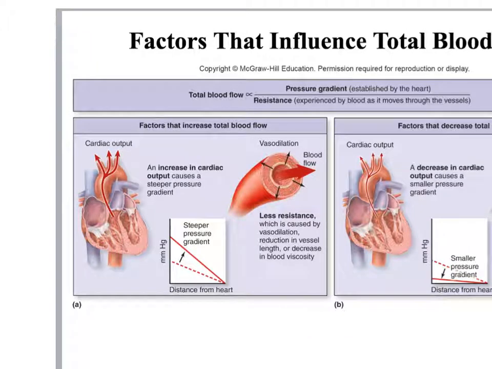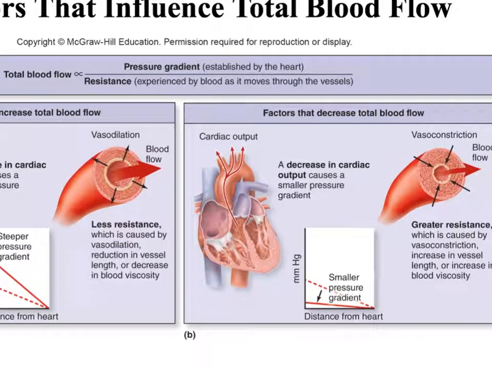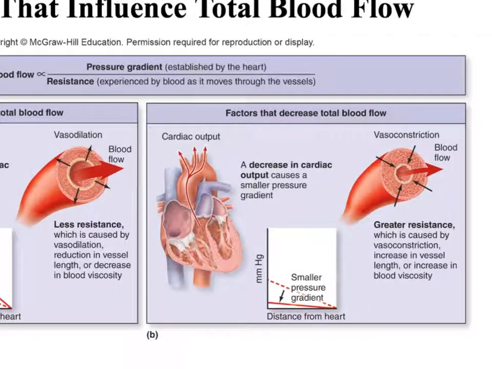Vasodilation. Okay. Vasodilation will open up a blood vessel lumen and allow blood to flow more easily with less friction, and it would then reduce the pressure gradient between them. All right, and then factors that decrease total blood flow: vasoconstriction, right?